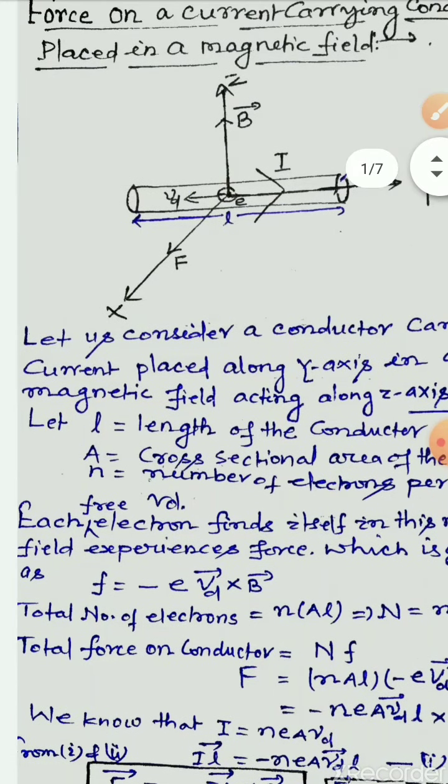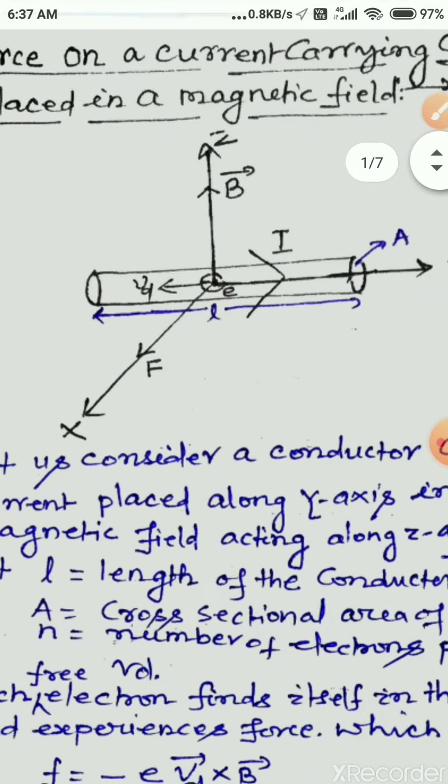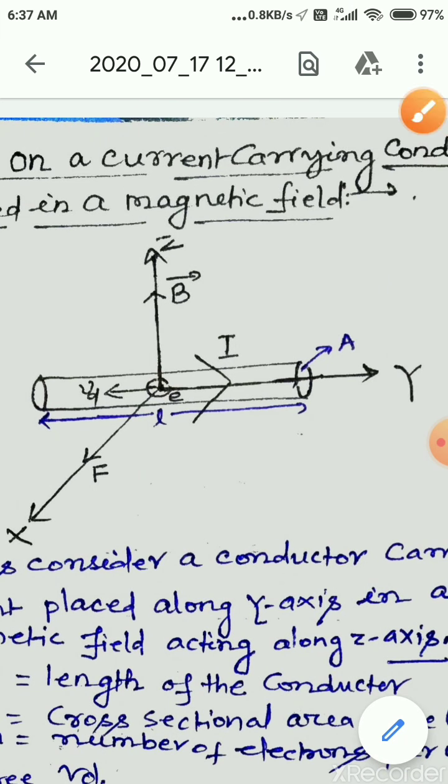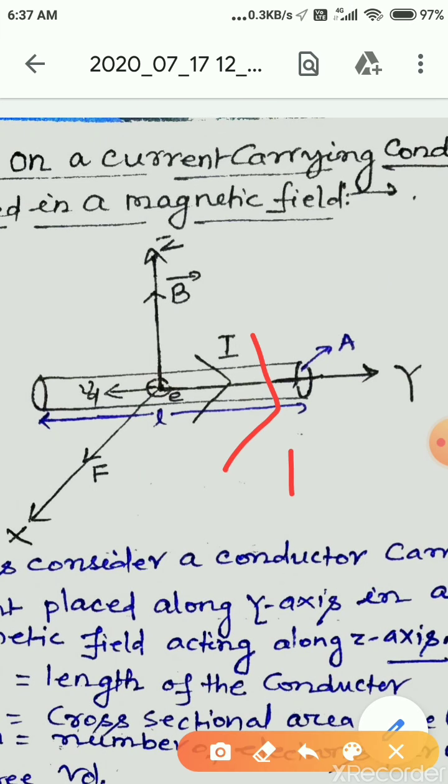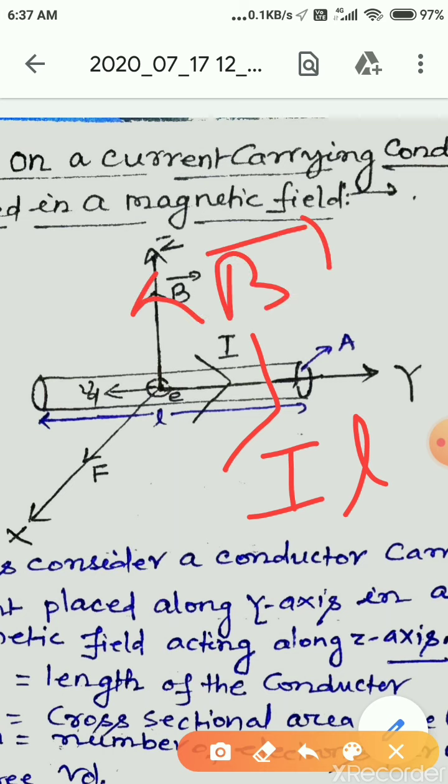You can see in the diagram, this is the direction of IL and this is the direction of B. So if you rotate a right-handed screw from IL to B, it will be anti-clockwise, so it will come out. Direction of force will be along x-axis.